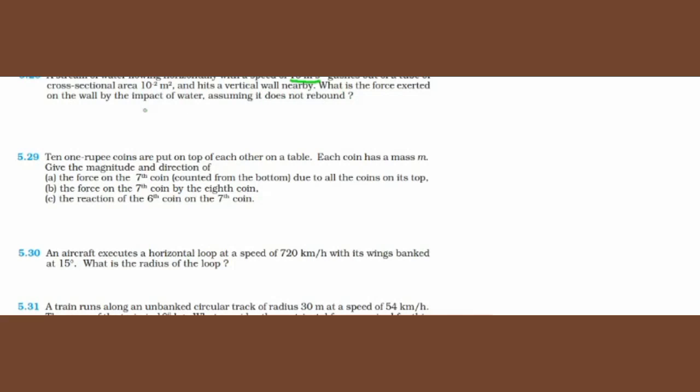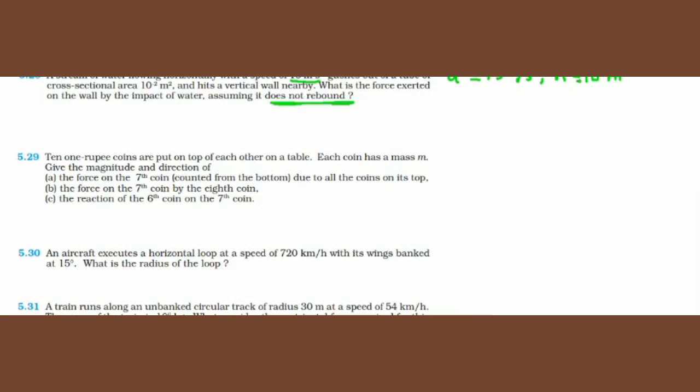What is the force exerted on the wall by the impact of water, assuming it does not rebound? That means what is its final velocity? Final velocity is 0. Okay, U is equal to 15 meter per second, and area A is equal to 10 power minus 2 meter square.